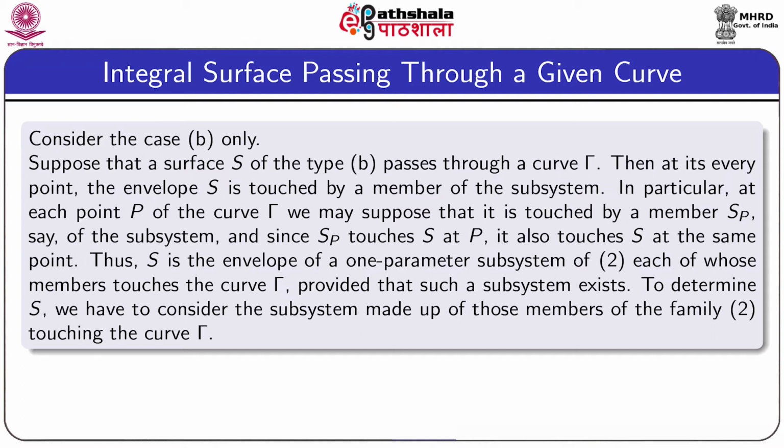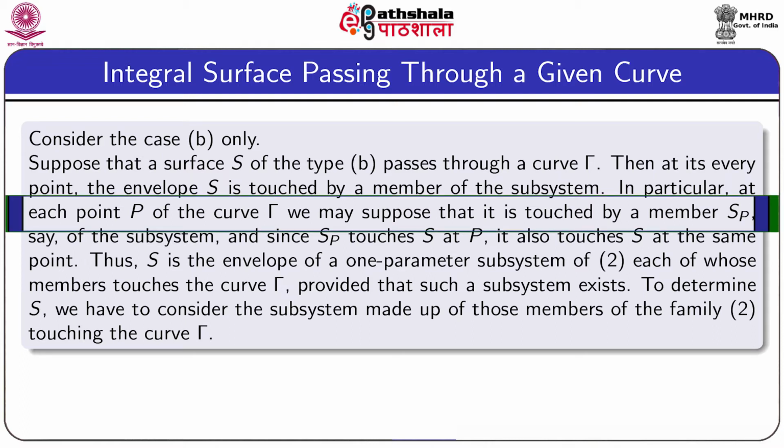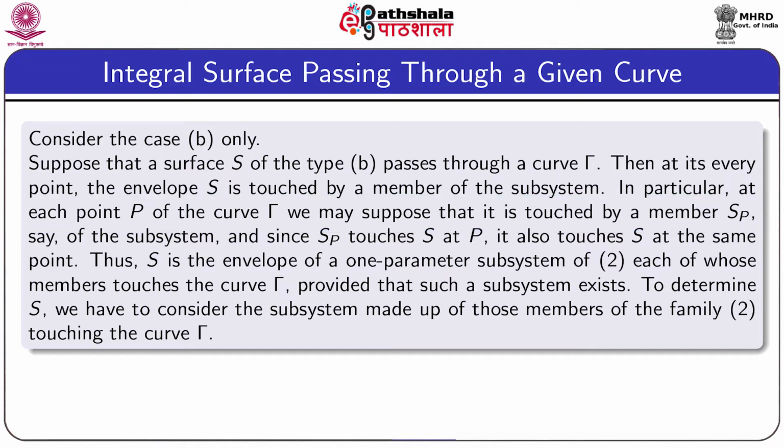In particular, at each point P of the curve gamma, we may suppose that it is touched by a member S_P of the subsystem. Since S_P touches S at P, it also touches S at the same point. So, S is the envelope of a one parameter subsystem of 2, each of whose members touches the curve gamma, provided that such a subsystem exists.